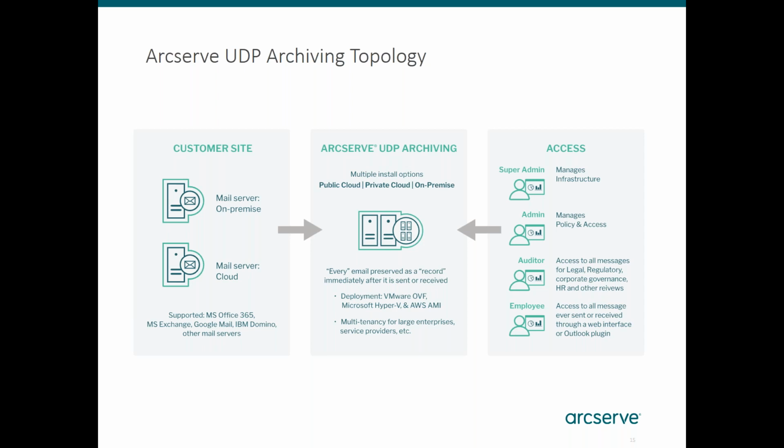Auditor, a very interesting role. This person is able to search all content which has been archived. So this is just a search person. And finally, employee. The employee is the one who is able to search their own content. An employee will not be able to see content by somebody else, but at least what an employee can do is find email correspondence where this employee was included.